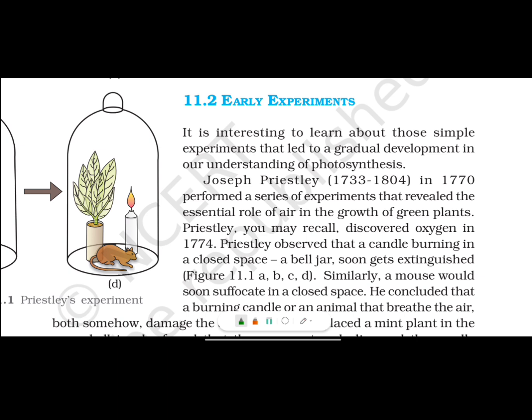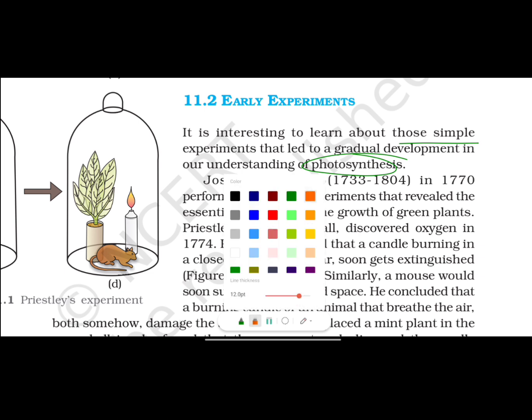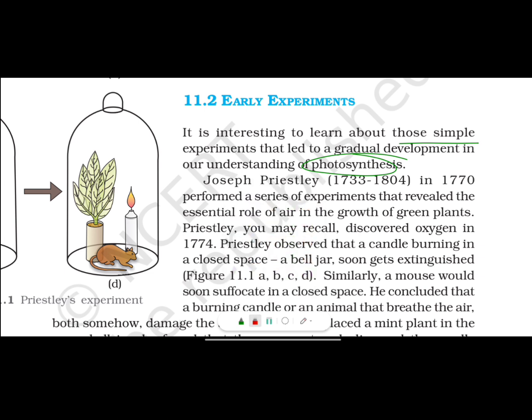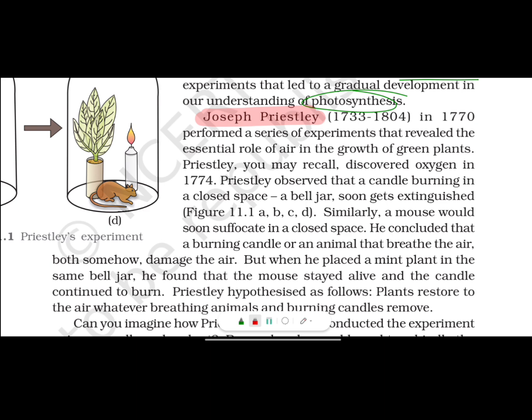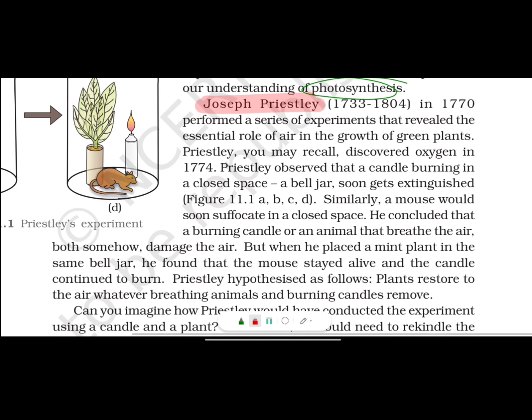It is interesting to learn about those simple experiments that led to the gradual development in understanding of photosynthesis. The first scientist we come across is Joseph Priestley, and over here I will highlight the important topics so you can note down the important keywords.